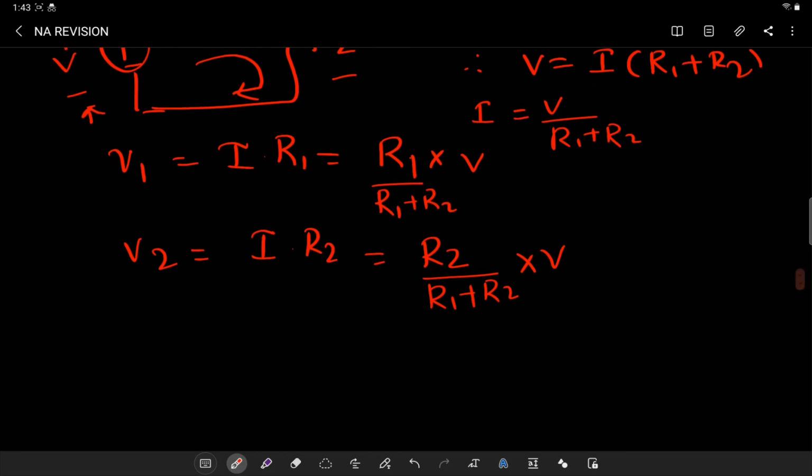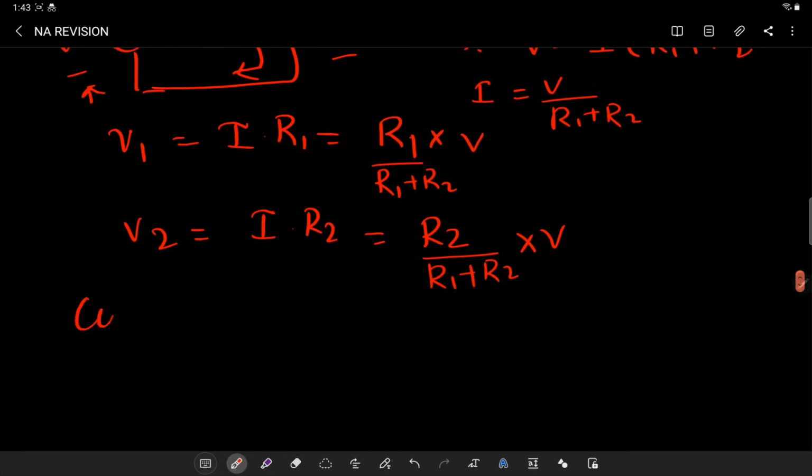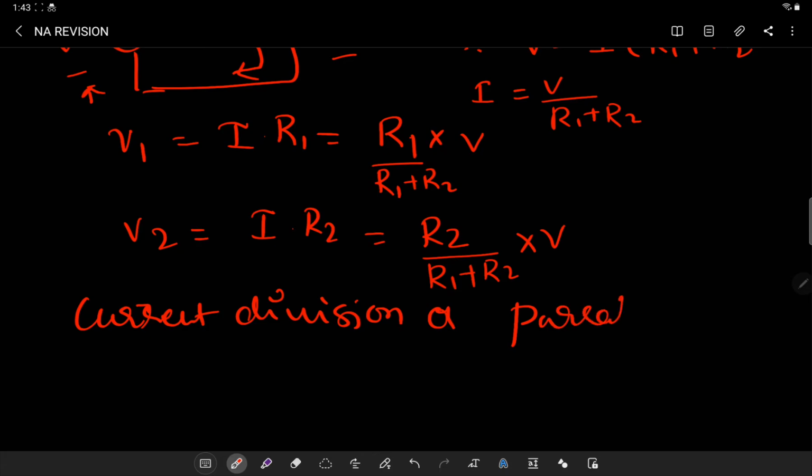The next concept is current division or parallel resistance.